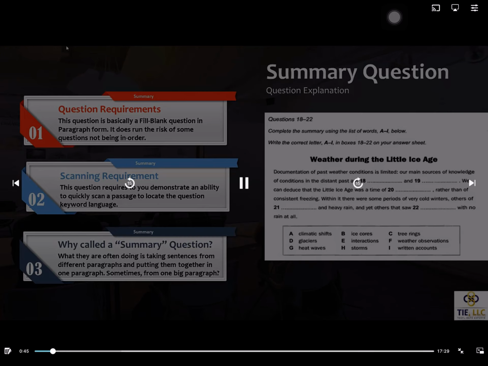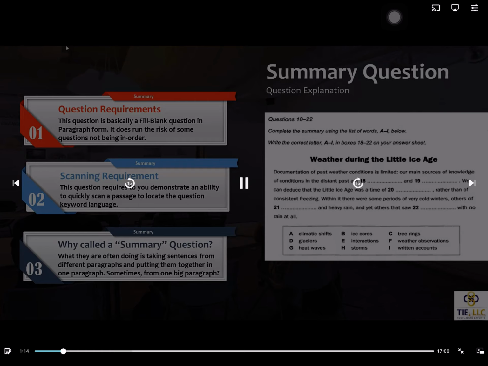On the right-hand side, you can see one type of summary question where you have the paragraph with the blank lines, and then you have answer choices in the box. You have another type of summary question, which is pretty much the same strategy, except there are no answers in a box. You have to pull the answer directly from the sentence on your own.